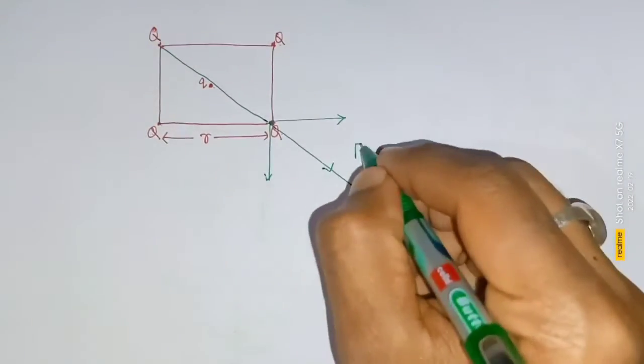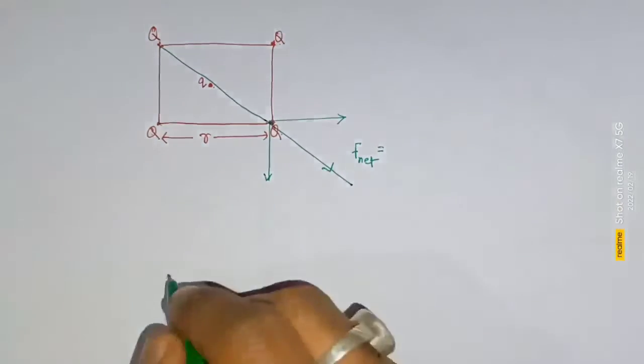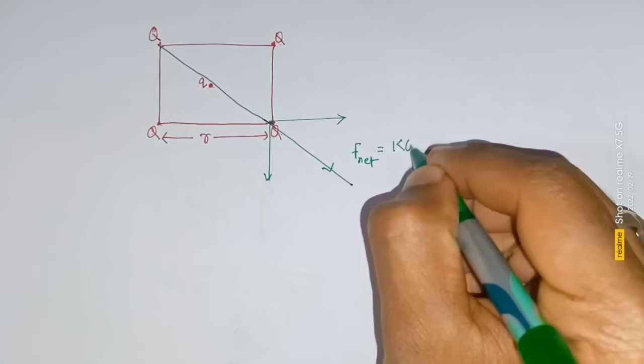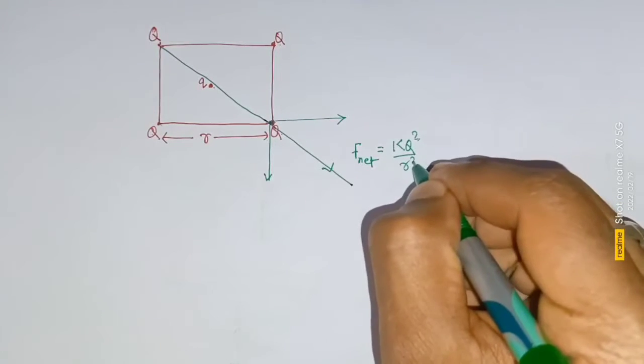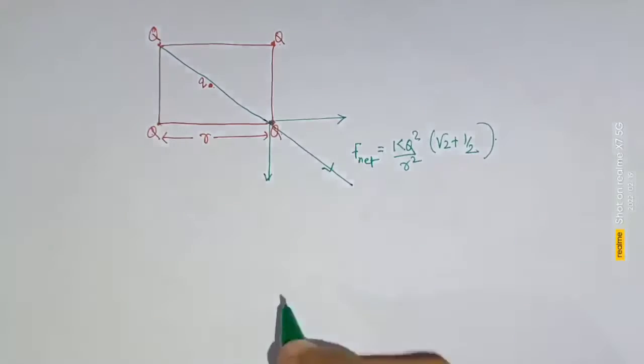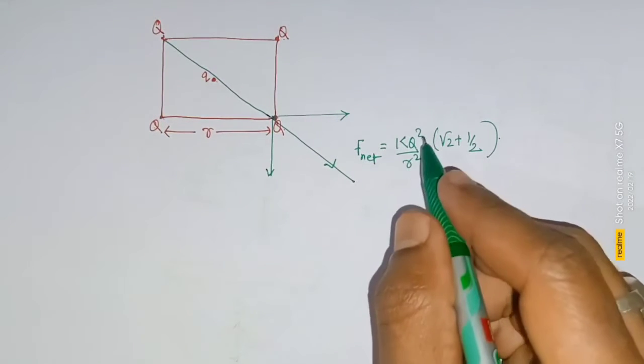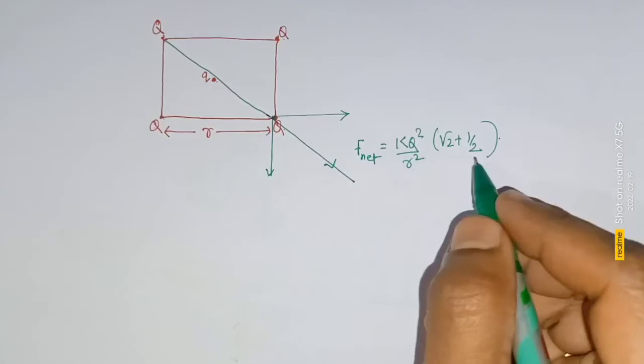And I have already derived the net force, and the expression of this net force is KQ square upon R square times root 2 plus 1 by 2. Please go to the previous lectures. You can easily understand how the net force is derived like this.